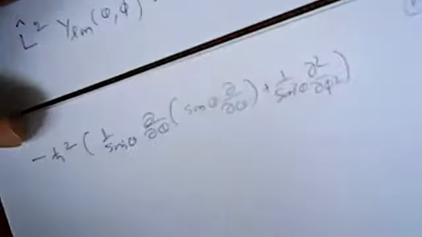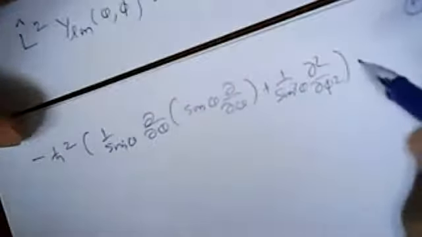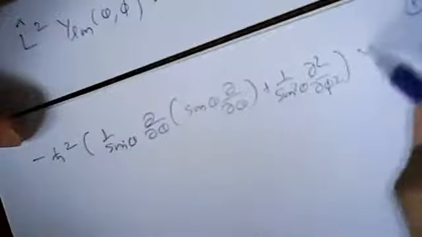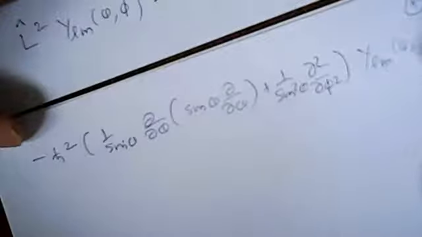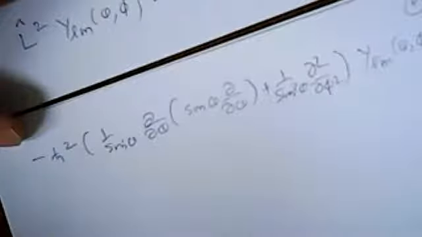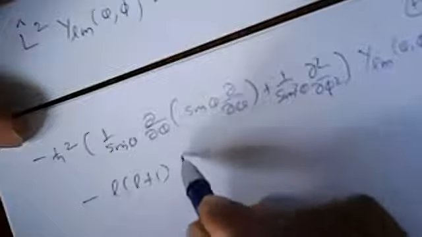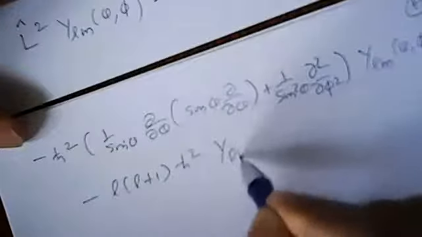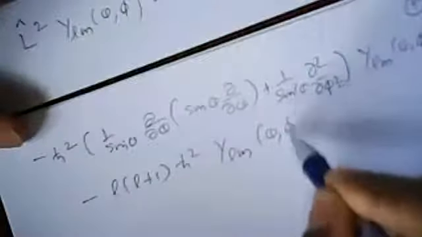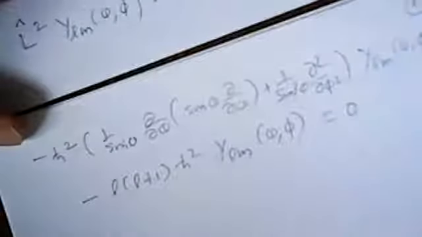Now the next part is not easy, but we will try. So L square into YLM theta phi minus L into L plus 1 h cross square YLM theta phi equal to 0. So our differential equation becomes like this.